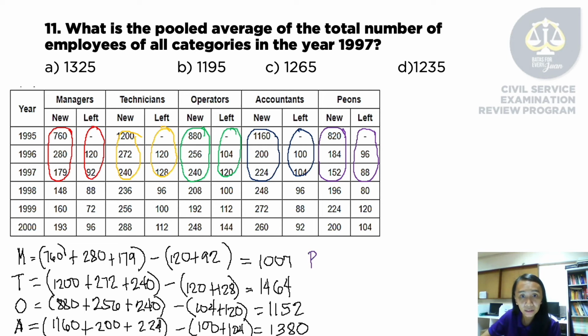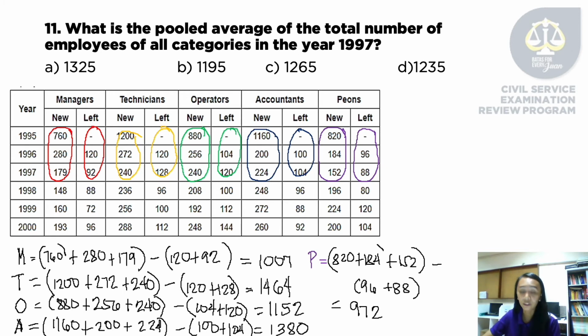Okay, so it should be P. So, I have 820 plus 184 plus 152 minus 96 plus 88. Okay, and that would give me an answer of 972. So that is the first step in arriving for our correct answer.